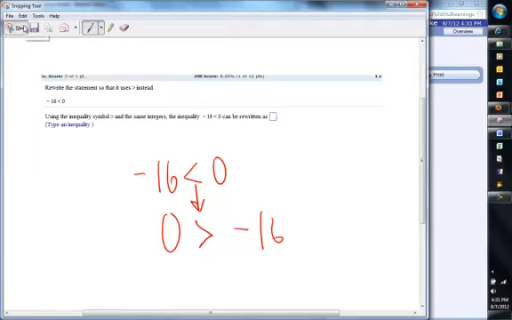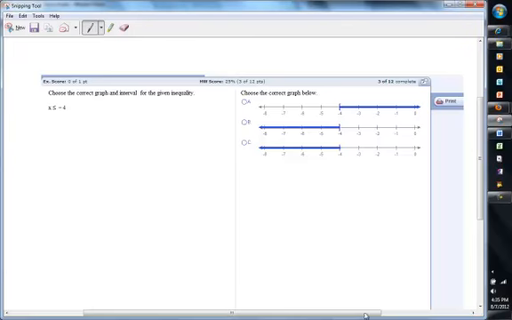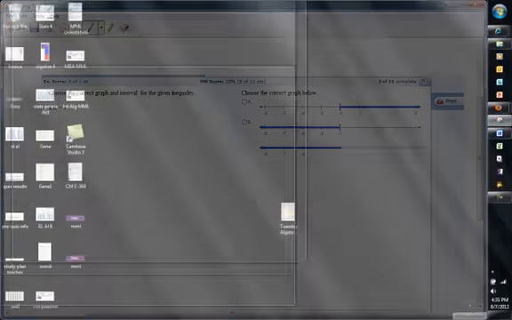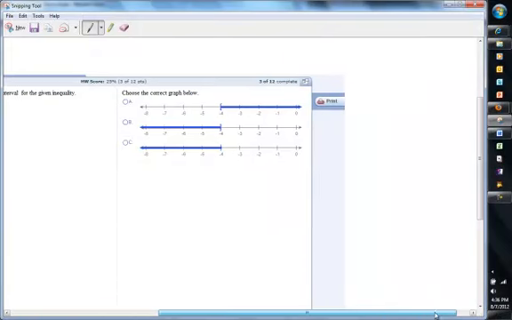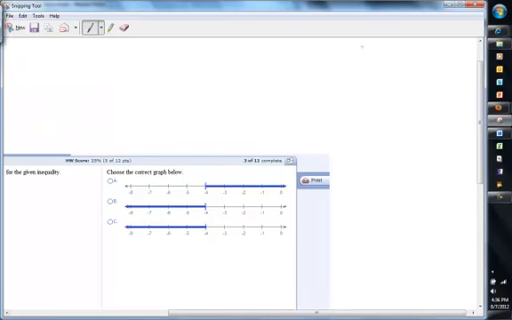Now there's something that you have to pay attention to, and this would probably be a good thing for you to write in your notes along the side. Remember how we were writing Cornell notes. If you see a sign that's less than, when you use the arrowheads, you will use a parenthesis going in that direction. If it's less than or equal to, you will use a bracket going in that direction.